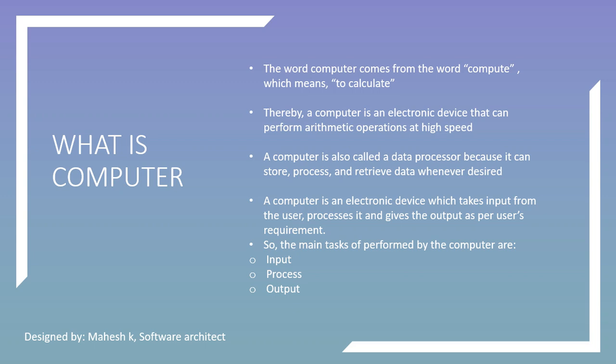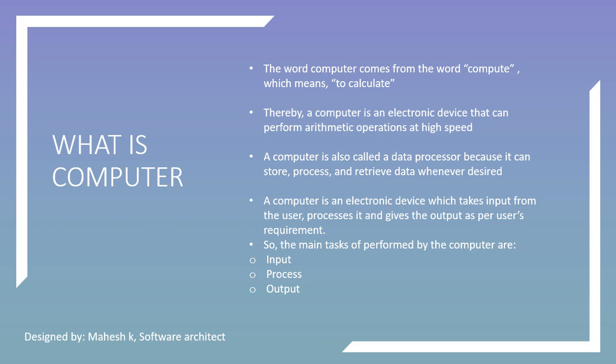Thereby, a computer is an electronic device that can perform arithmetic operations at high speed, which means when we are doing any arithmetic operation like addition, subtraction, multiplication, or division, that process happens at very high speed inside the computer. A computer is also called a data processor because it can store, process, and retrieve data whenever required.